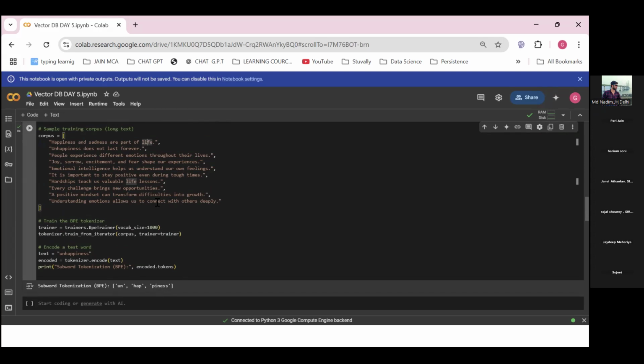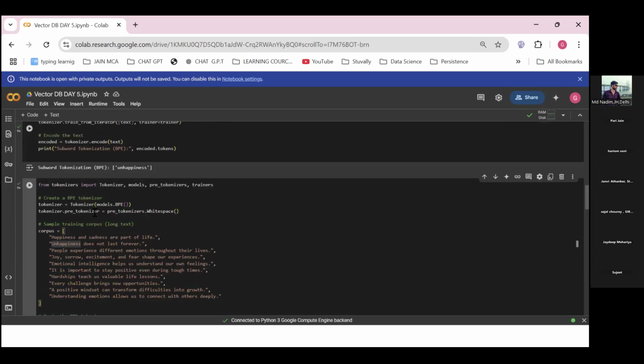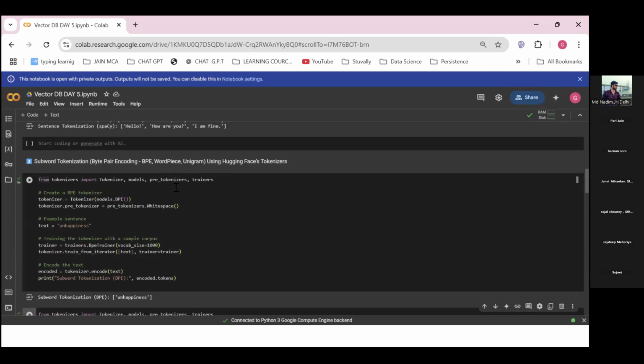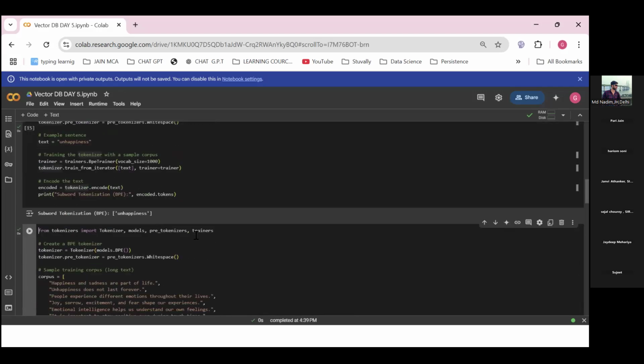So like this. Okay, so here my text corpus is very small, so it could not understand from the corpus. Even if you pass more words, there might be a chance that it will only give hun and happiness. I'm passing very little corpus, that's why I'm getting this error. When I pass just unhappiness as a single word, it could not even recognize it.